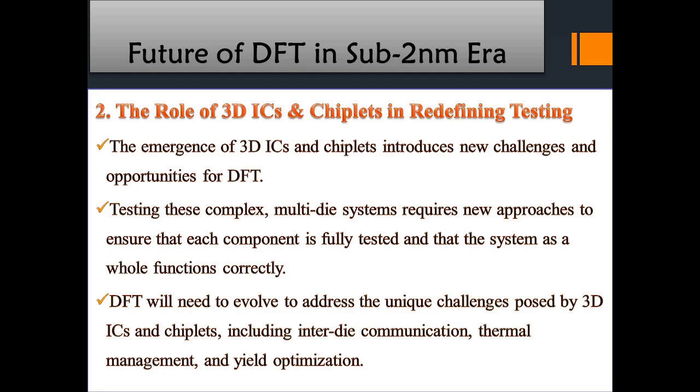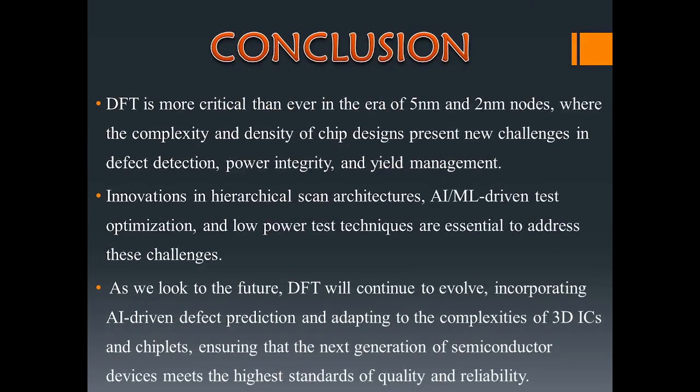The emergence of 3D ICs and chiplets introduces new challenges and opportunities for DFT, and DFT will evolve to address the unique challenges posed by 3D ICs and chiplets, including inter-die communication and thermal management, which is a major crisis now, and yield optimization. So this will be the future of DFT in the 2nm era.